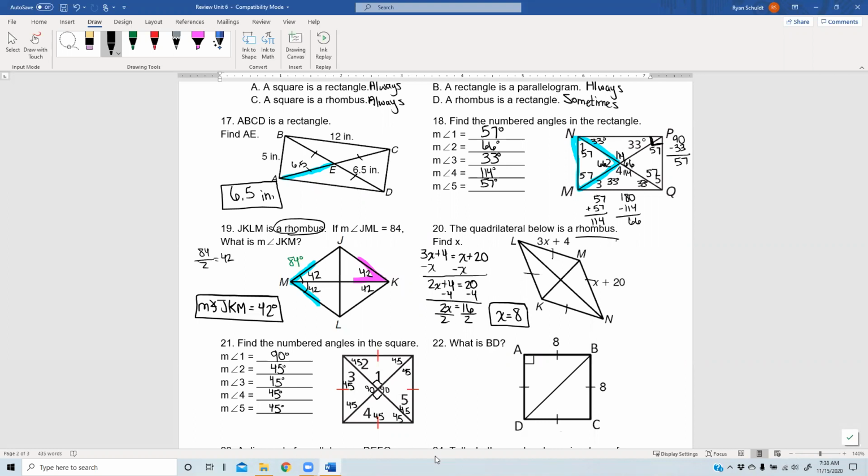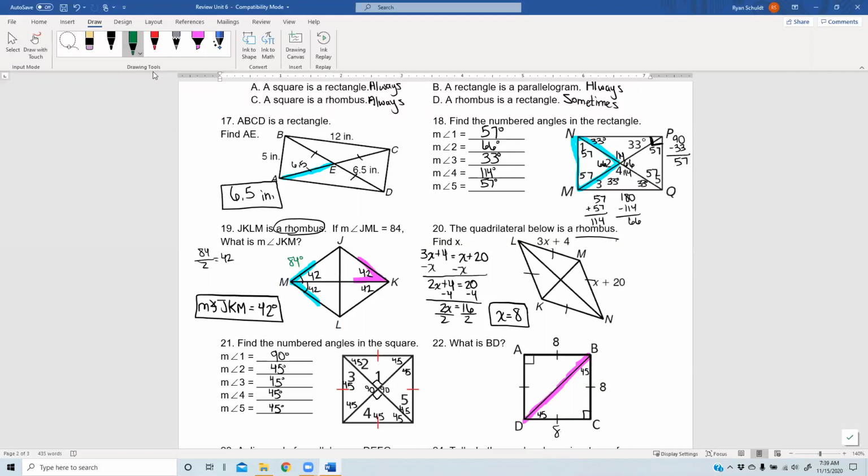Okay, 22. What's BD? So this is the side they want me to find. Well, they tell me I have a square here, which means I'm going to use my properties of special right triangles to solve this.